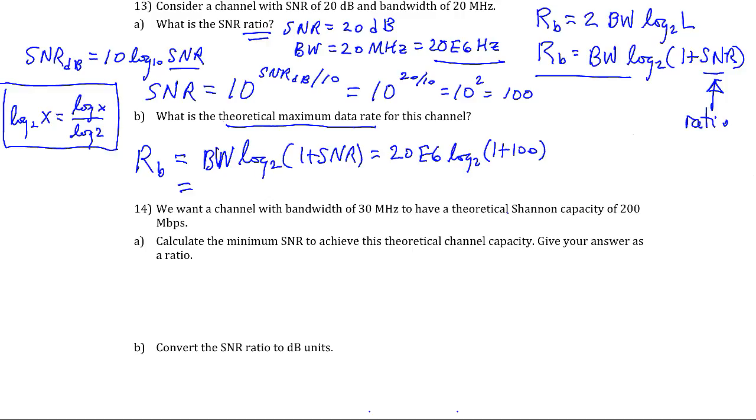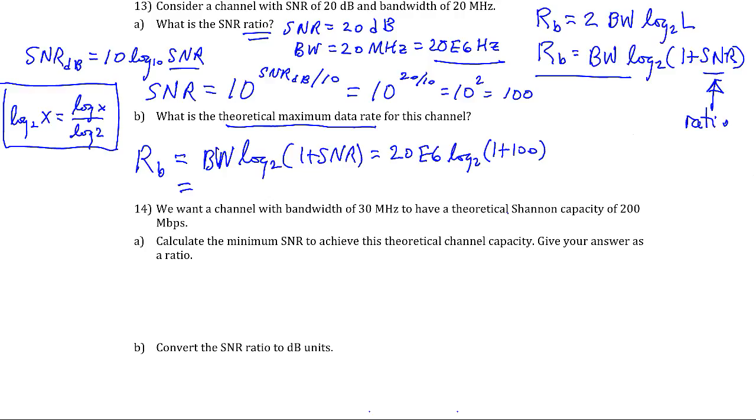So I'm going to go ahead and do that. I'm going to take log of 101, and that equals about 2. And then I'm going to divide by the log of 2. And this gives me 6.658.